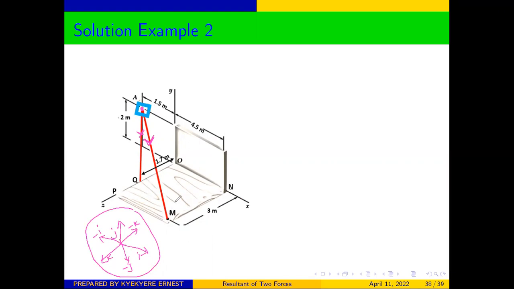Good. So having reached this point, now we have two forces, which is AM and then we have AQ. So let's represent AM with F1, and then represent AQ with F2, so that it will make our analysis easier for us.